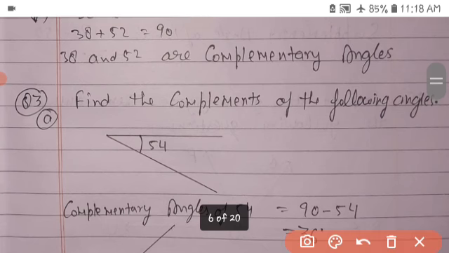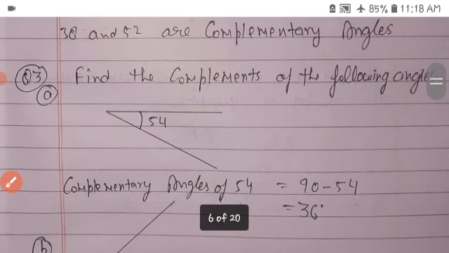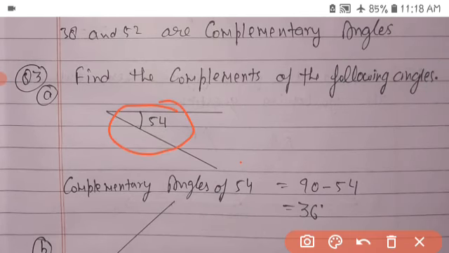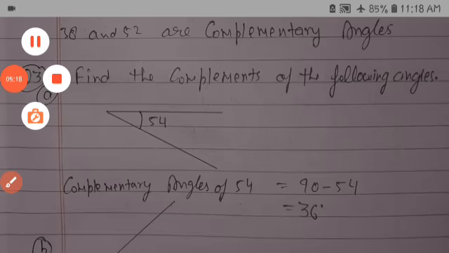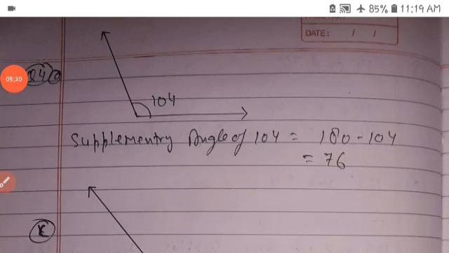Now look here. The complementary angle of 54 degrees is 90 minus 54, which is equal to 36. That is the answer. Next part, fourth A, supplementary angles.